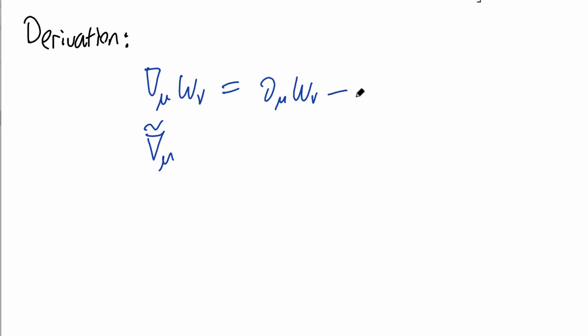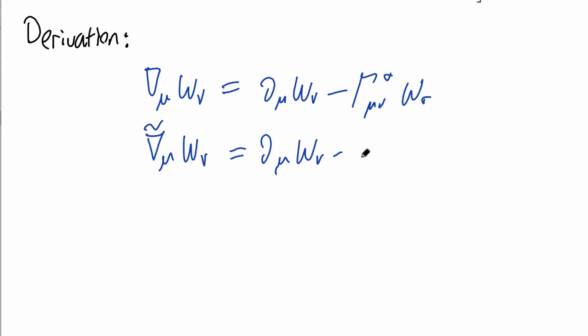The first step is to relate the covariant derivative for the full metric to the covariant derivative for the background metric. So, for example, acting on a covector, W sub mu, this is equal to partial mu W nu minus gamma mu nu sigma W sigma, whereas this is equal to partial mu W nu minus the background Christoffel symbols.